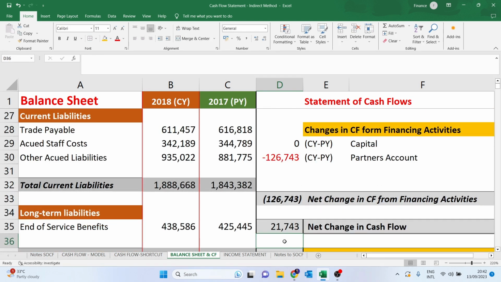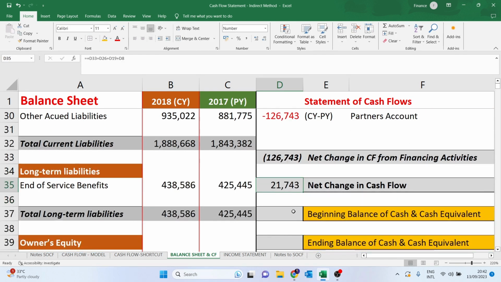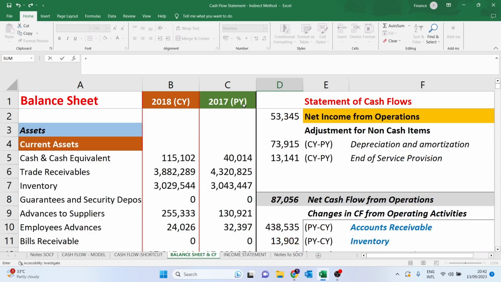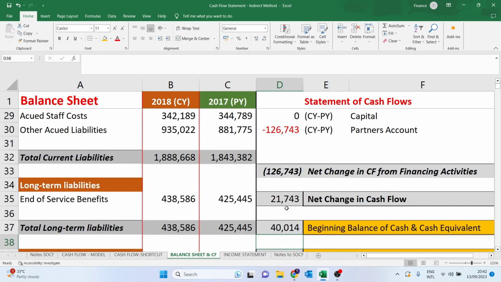So we got net change 21,743. Now, what was our beginning balance of cash and cash equivalent? This we can know from the comparative balance sheet, the past year balance sheet. This was the end of 2017, and 40,000 was our cash balance.